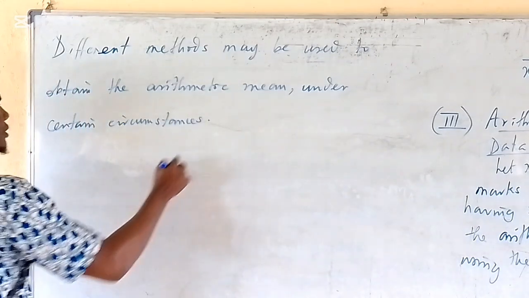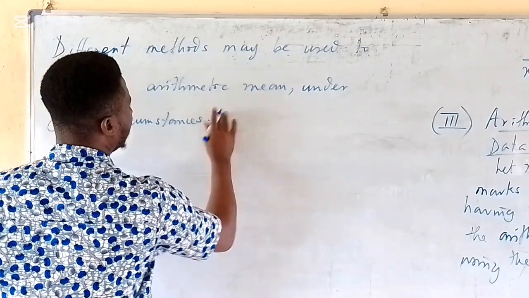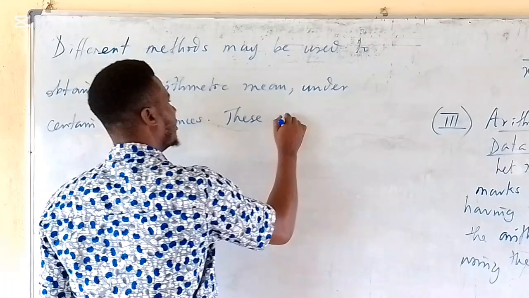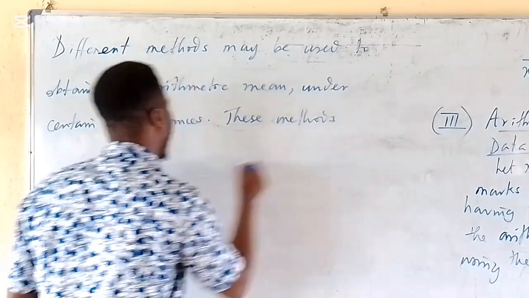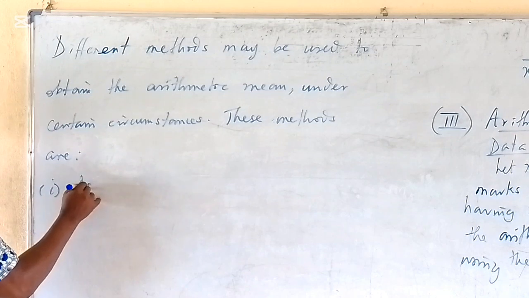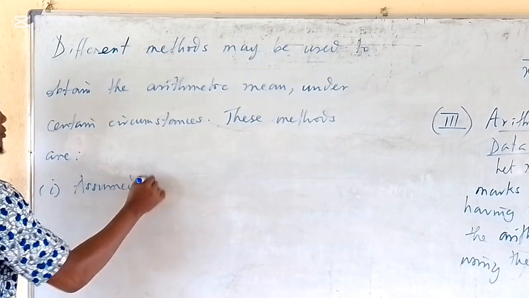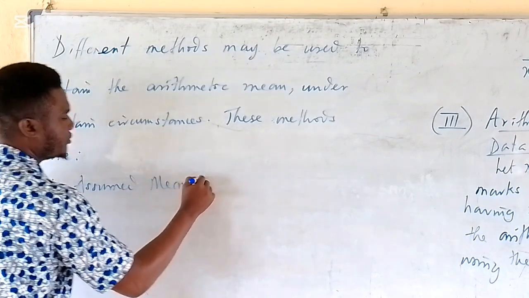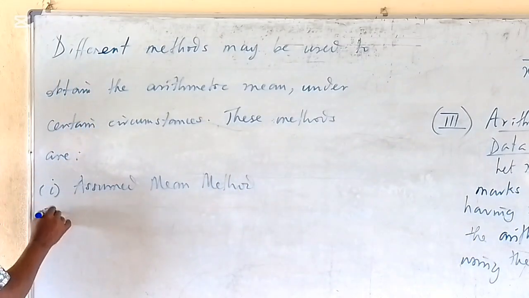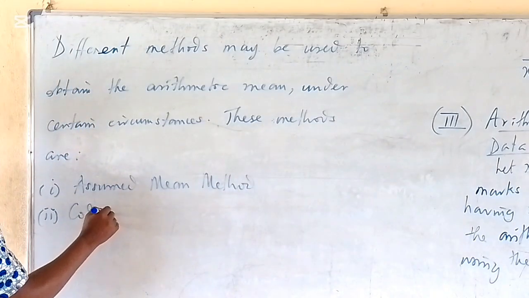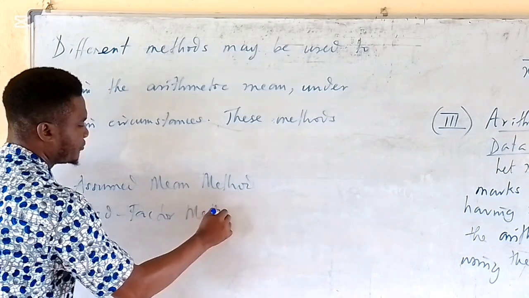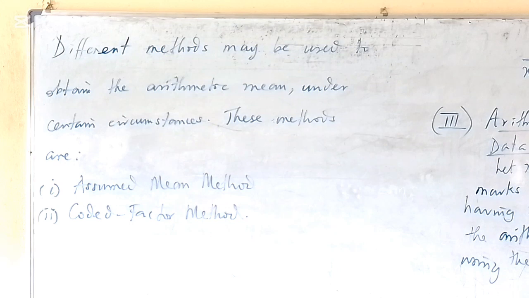These methods are: 1. Assumed mean method. 2. Coded factor method. We shall quickly look at these two methods.